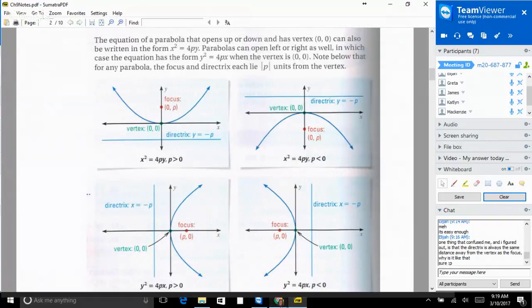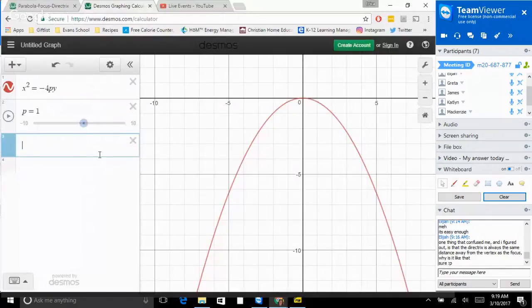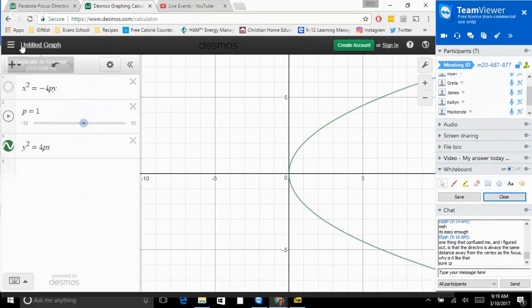Okay, so these graphs actually have the equation y squared equals 4px. I don't know if it's going to let me have two sliders. Oh, it is. Okay, so can you see the difference in the equations? Here we have x squared equals 4py, or negative 4py.